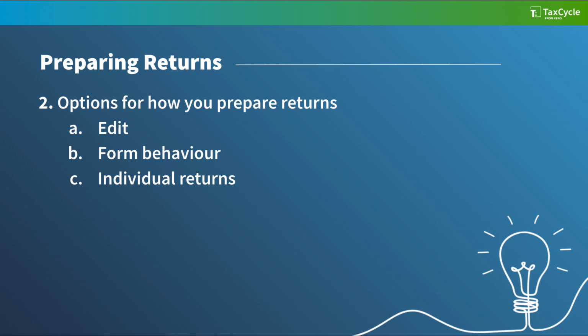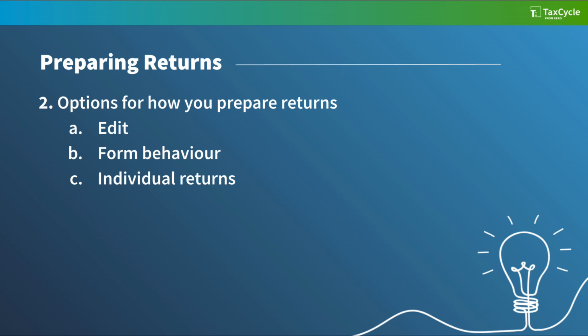So we have just done how you can set up the options for your practice. Next up is options for preparing returns. In addition to practice level options that we have just discussed, there are a host of additional options to control the preparation process.